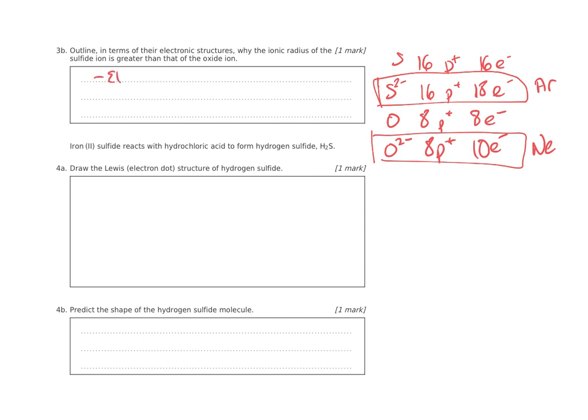So you could say the electrons are further from the nucleus. Or you could say it's got an extra electron shell. Or you could say it's in the 3p rather than the 2p shell.